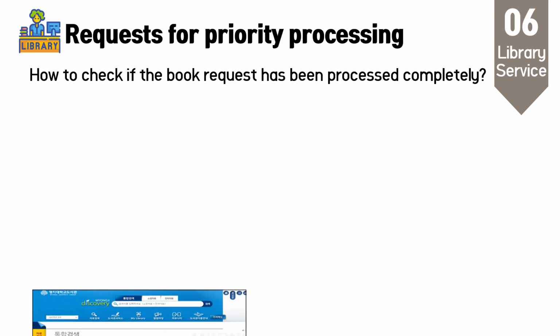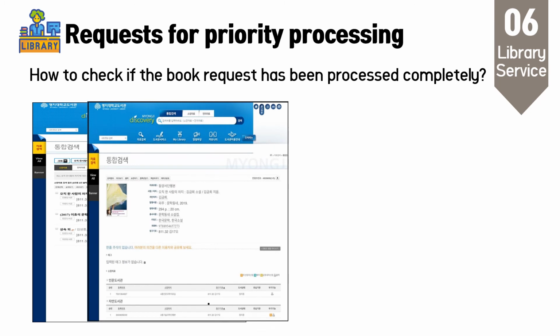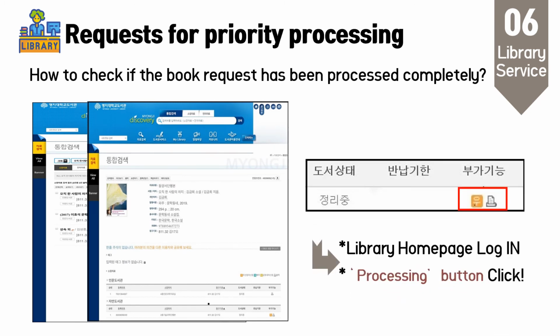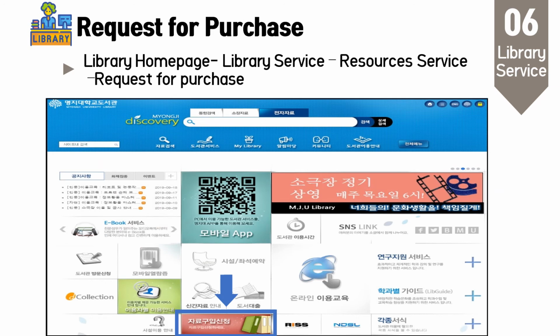You can request priority processing for items whose status is in process or completed. Log in to the library website and click on the Processing button, orange, to request priority processing. When the items requested for priority processing become available, you will receive a text message, and the item is kept at the desk for 3 days.